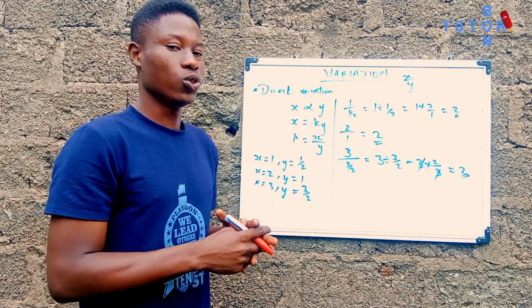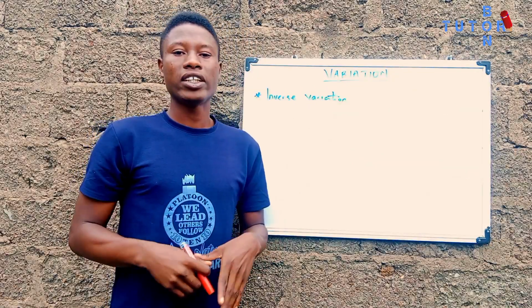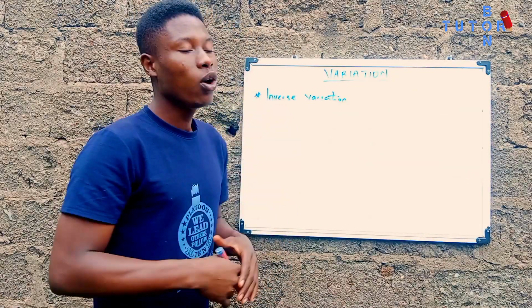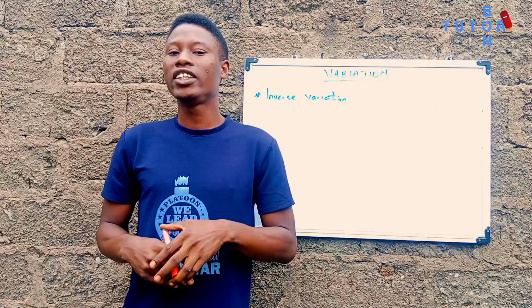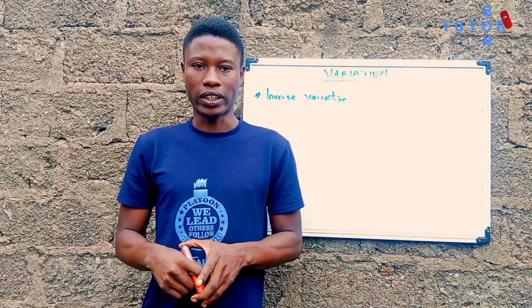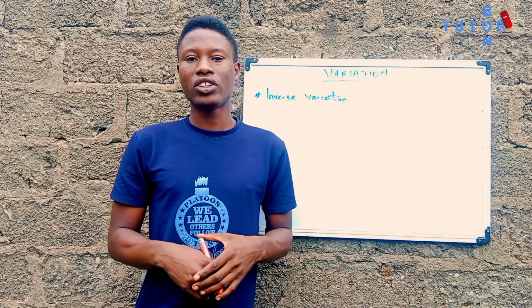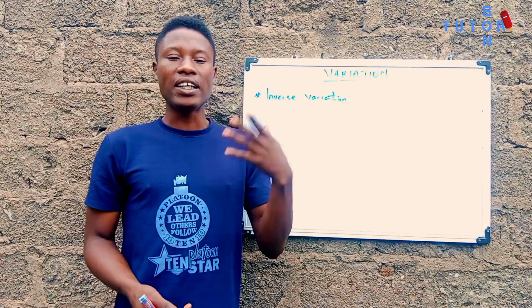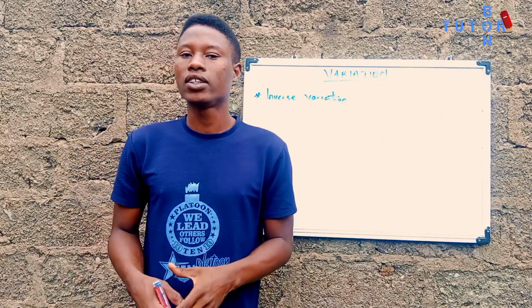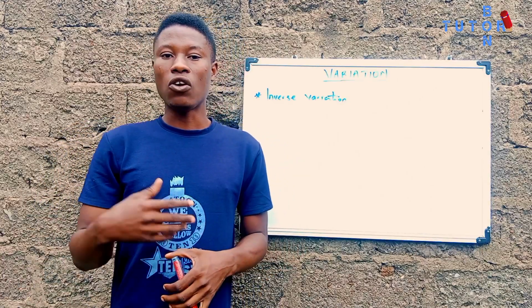Now let's move to what we know as inverse variation. From the word inverse variation, when we say something is inverse, it means they are opposite of each other. In direct variation, an increase in the value of x will lead to an increase in the value of y.